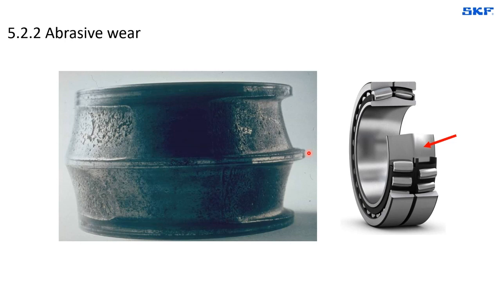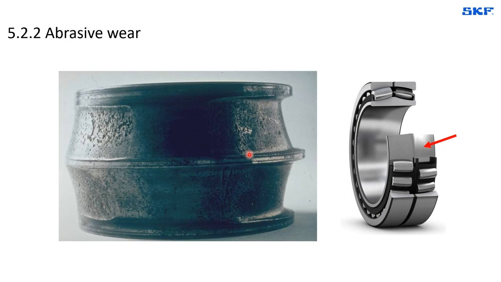What is interesting in this case is that the asymmetry is associated to the operating conditions to which the bearing was exposed. So what do we mean? That in this case, the bearing was mounted on a vibrating screen where the outer ring is stationary, the inner ring is rotating, and the load is rotating with the inner ring.